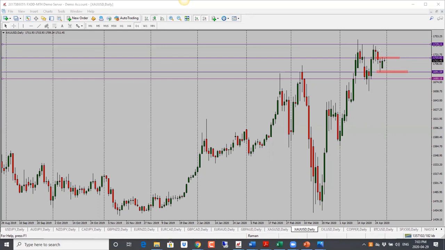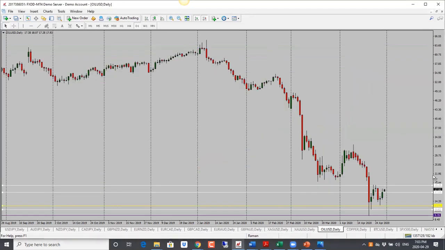But should it get through here, then I will look for a move into 1739.40-ish level. So for now, bias is neutral for gold as well. And the critical level here would be 1715 or 1716 level.